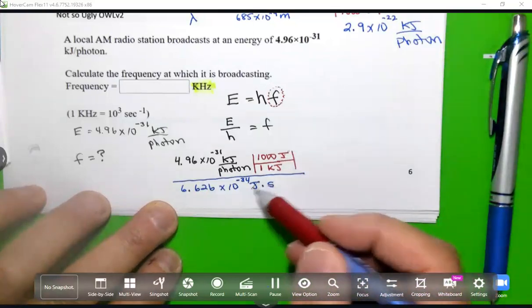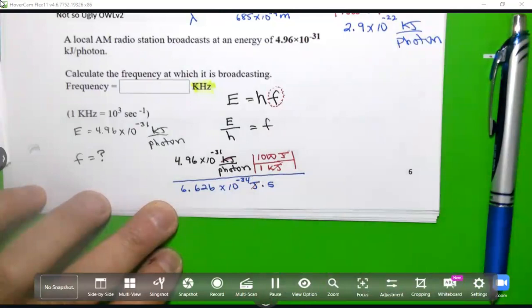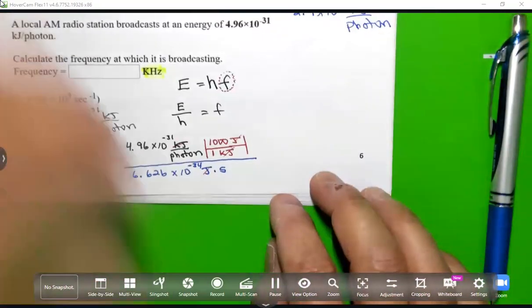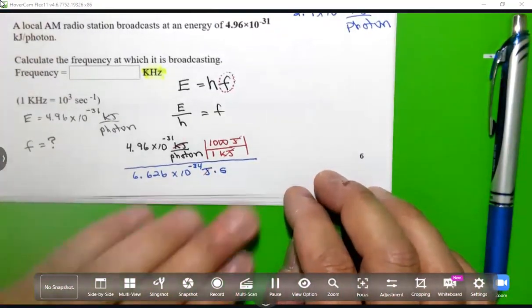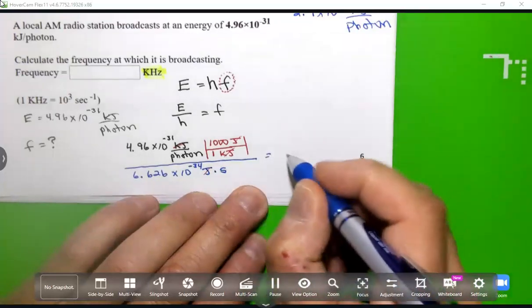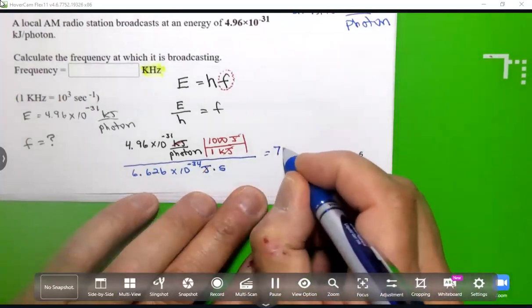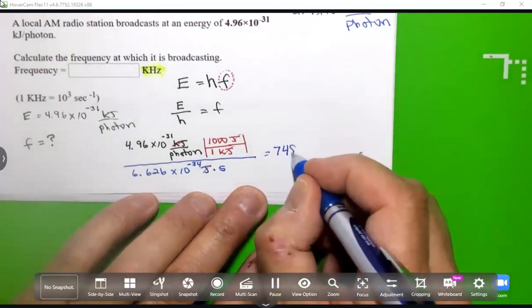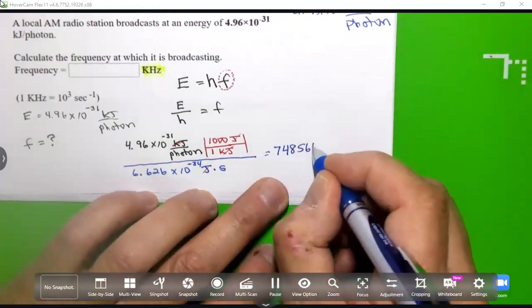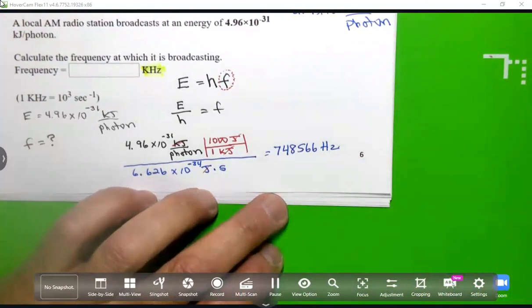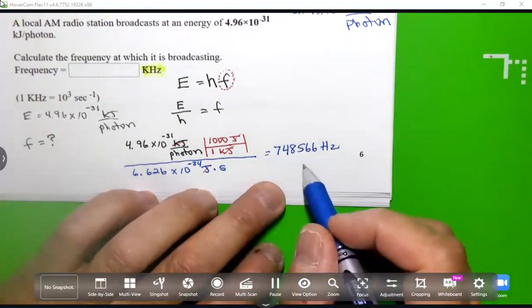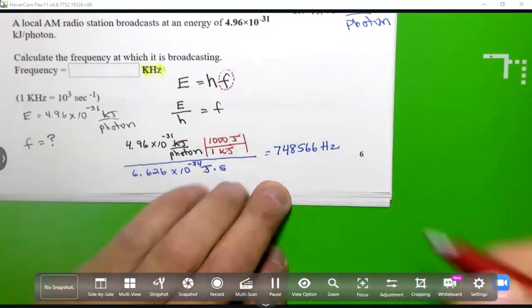So joules will cancel out, kilojoules will cancel out. Seconds is in my denominator. So I have a frequency. So this comes out to be, I'm going to write down all the numbers, what my calculator would give me, 748,566 hertz. But I want this in kilohertz. So 1,000 hertz in a kilohertz.